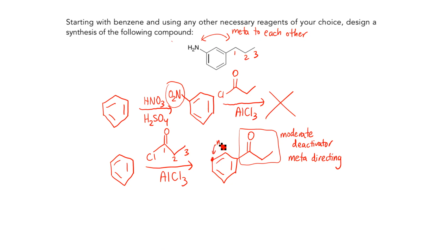And this is the meta position relative to the group we have, right? That's meta. This is also meta, but realize they're just the same position. It doesn't matter. And I'm just going to stick to the one on top because it looks more like what we have drawn over here, right? So this meta position needs to be functionalized. So why don't we throw some HNO3 and H2SO4 at this to get a nitro group?